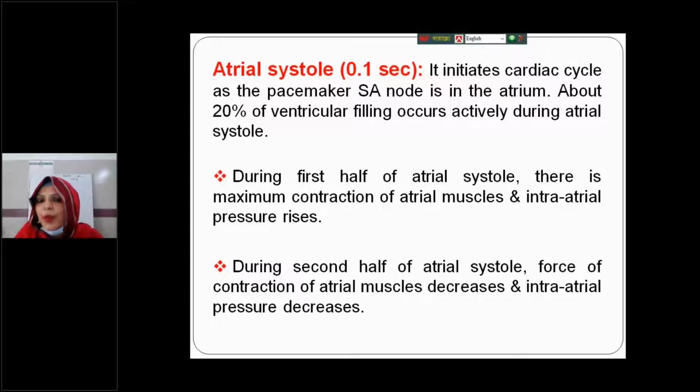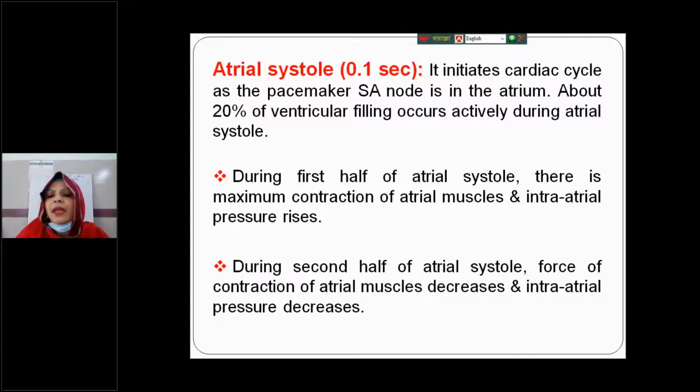During this maximum contraction period, they forcefully push blood towards the ventricle. From the right atrium, blood goes towards the right ventricle, and from the left atrium, blood goes towards the left ventricle. During the first half, it works forcefully and actively, and they push 20% of the blood towards the ventricle. This is the main thing here.